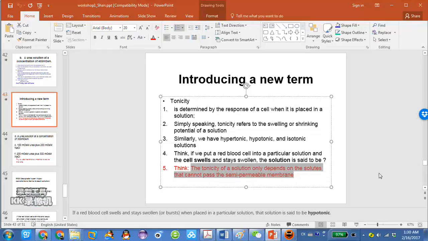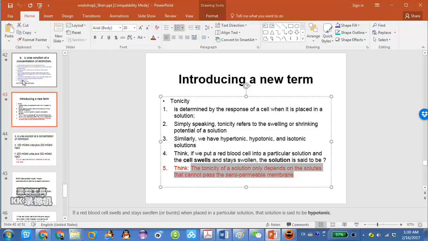So in the end, the solutes that are 100% permeable to the cell membrane will not have any contribution to the cell volume change, will not have any contribution to the water movement. It's like this solute is not in the scenario.